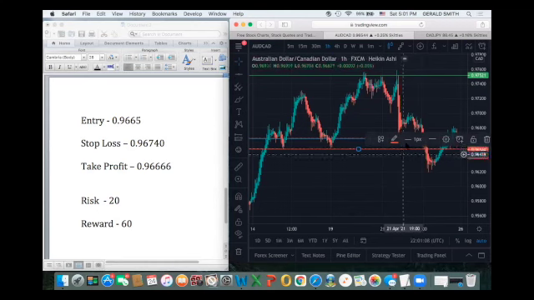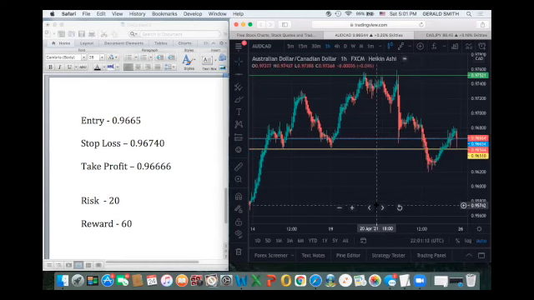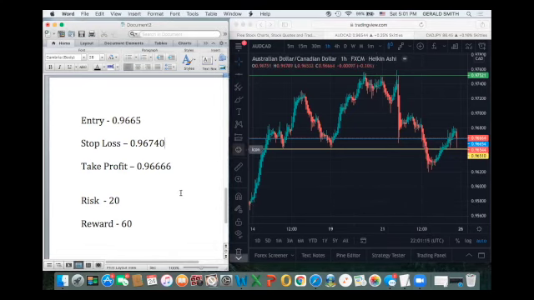Stop loss will be 96510. Remember, take off the last digit, so 9651. Our take profit will be 97521. Take off the last digit, so 9752.